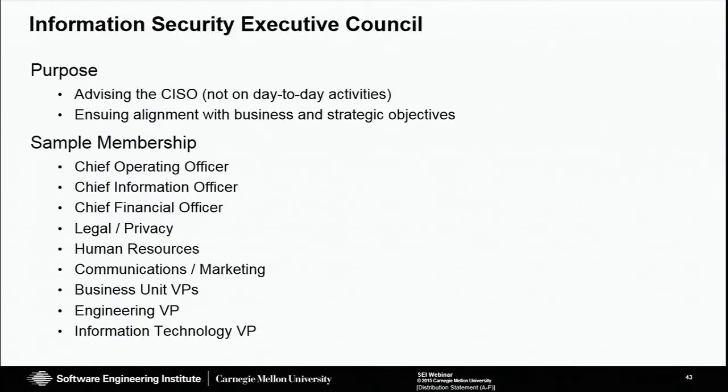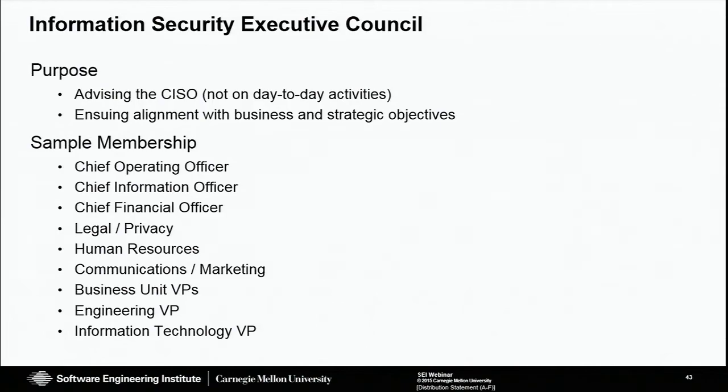And then one of my closing charts in this section is to bump up to the dotted line box that connects to the Chief Information Security Officer, which is the Information Security Executive Council. These folks are the advisors to the CISO. They bring in, as you can see, by sample membership, the other key leadership roles in the organization that need to care about and probably have requirements for cybersecurity.